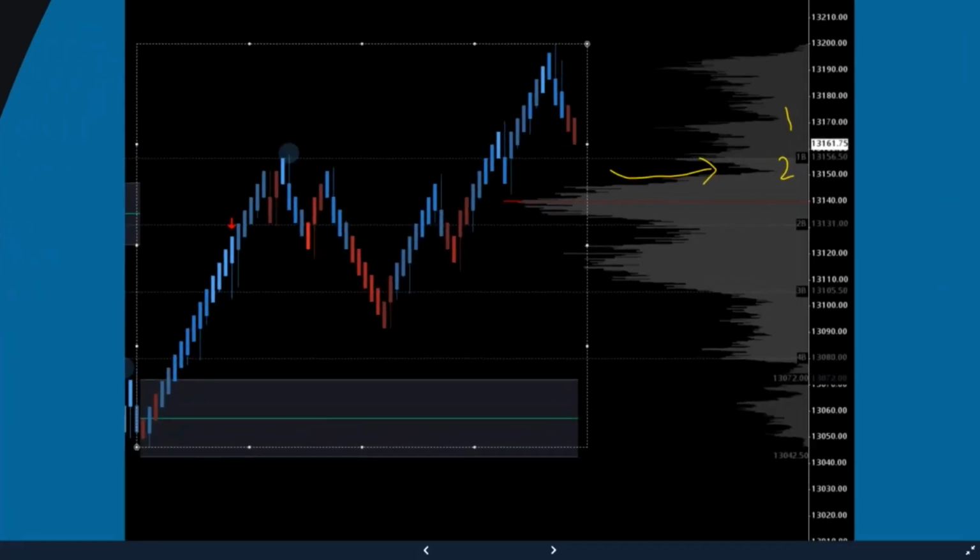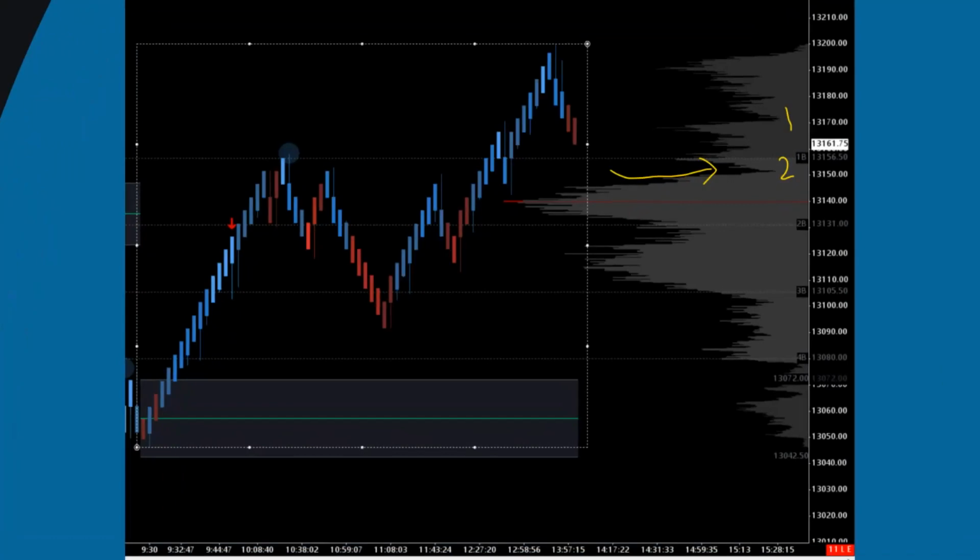So as we were talking about, a key concept is when 2 LVNs are breached, it often signifies conclusion of the current auction leg. Subsequently, a period of balance may emerge before the initiation of the next leg.